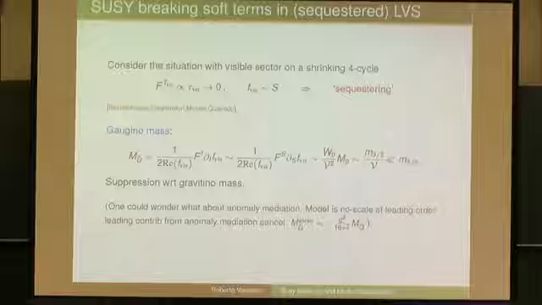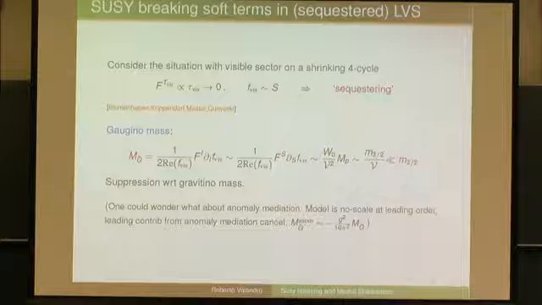In case we are in a situation with a brane singularity, where this four-cycle is shrunk, this F term is actually 0, and the visible gauge kinetic function is proportional to S. This is the situation in which we have what is called sequestering.